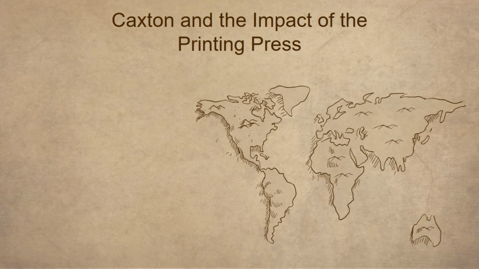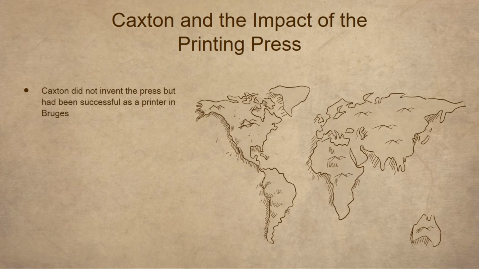Caxton and the impact of the printing press. The case in the development of a standard English is when William Caxton set up a printing press at Westminster in 1476. The significance of Caxton's work is that he chose to publish books in English.